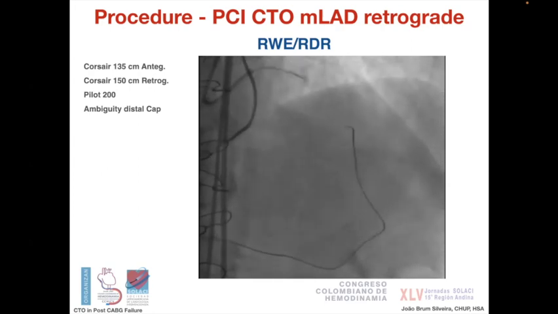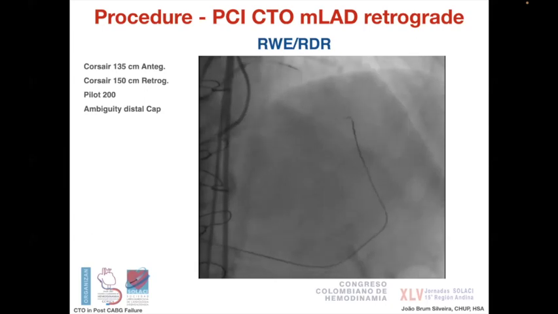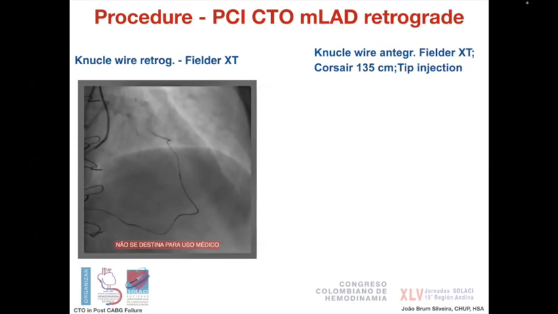How can we overcome this ambiguity in the movement of this wire retrogradely? This is a very important point. You can do IVUS, but the most important option is probably to knuckle. It's a safe procedure. You can overcome the ambiguity of the distal cap, and also of the proximal cap.